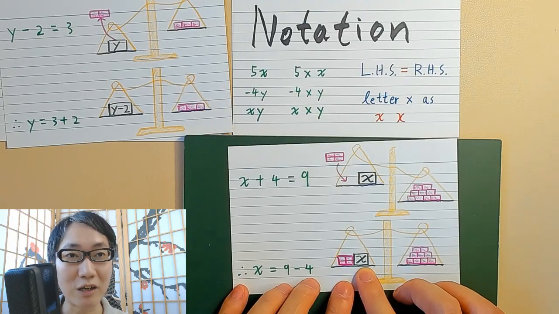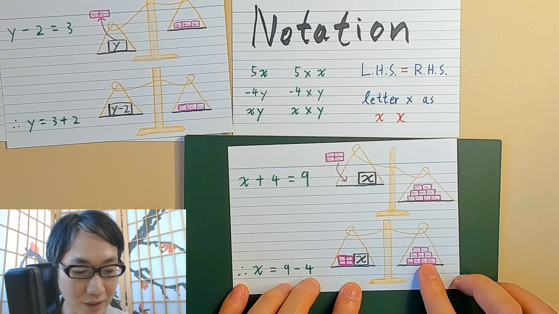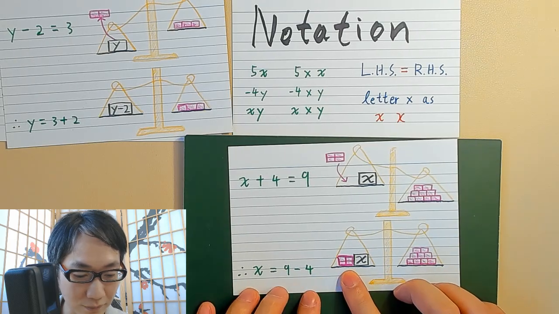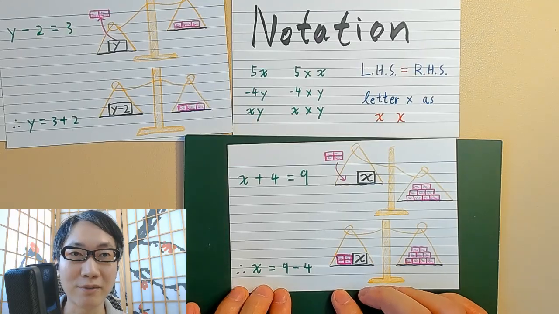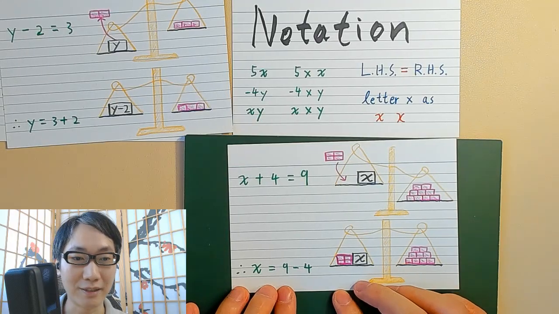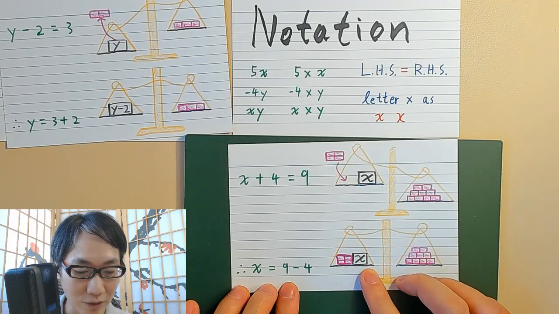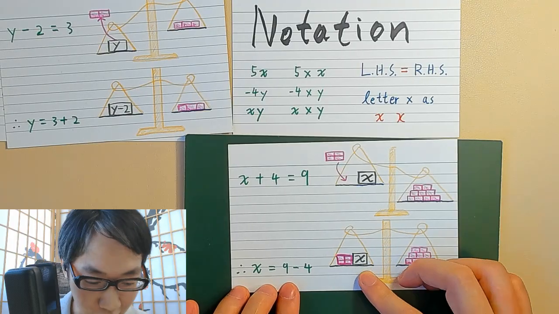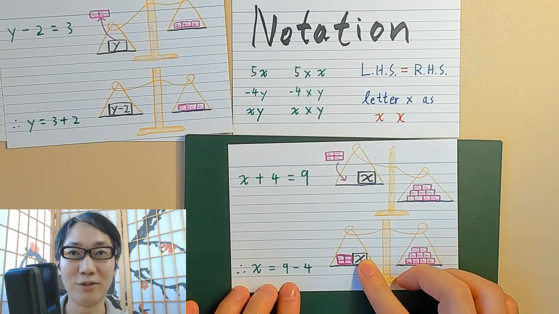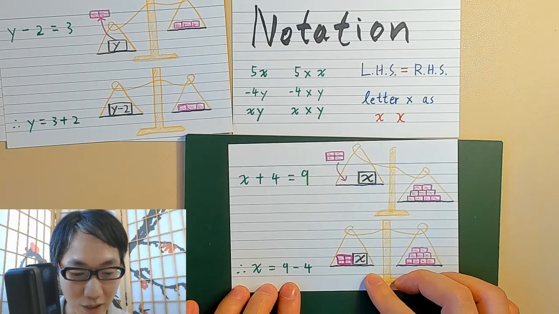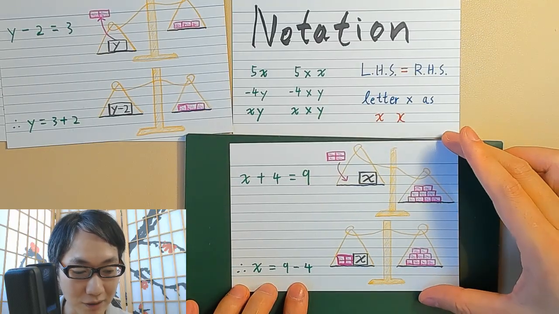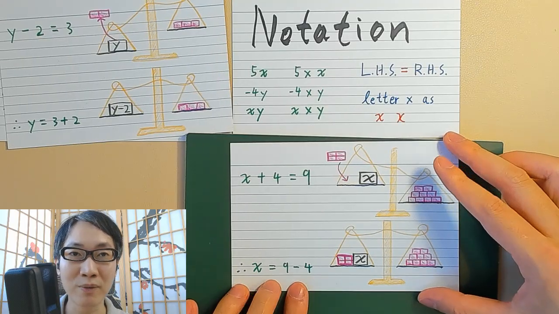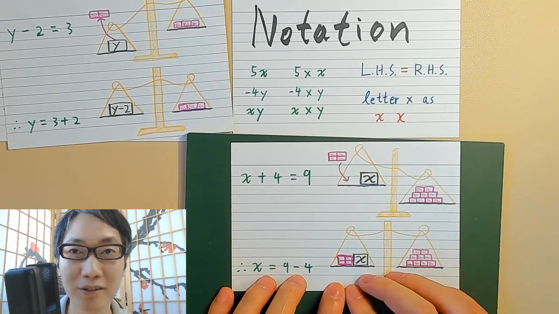The way we figure this out is by doing 9 minus 4, so x is equal to 5. We can figure out how much is in the box without looking inside. This is unknown, but now we know the amount of unit mass inside the unknown box without looking inside.